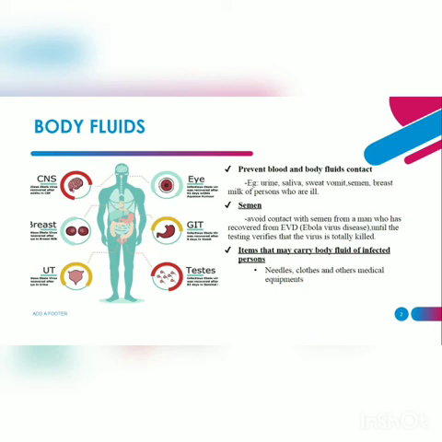For semen, we should avoid contact with semen from a man who has recovered from EVD, Ebola virus disease, until testing verifies that the virus is totally gone. Items that may carry blood or fluid of infected persons, such as needles, clothes, and other medical equipment, should also be avoided.